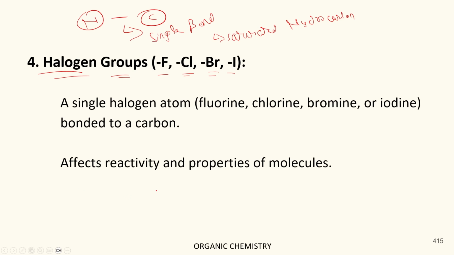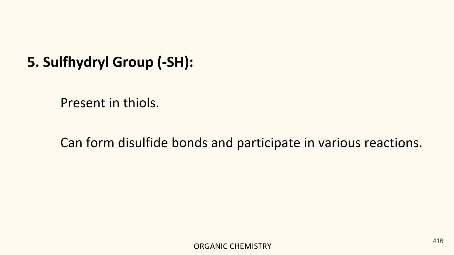Got it? It affects the reactivity and properties of molecules. So if a halogen group is present within the molecule, it will affect the reactivity and the properties of the molecule as per its own properties, like the single bond. Got it? Now let's move forward.